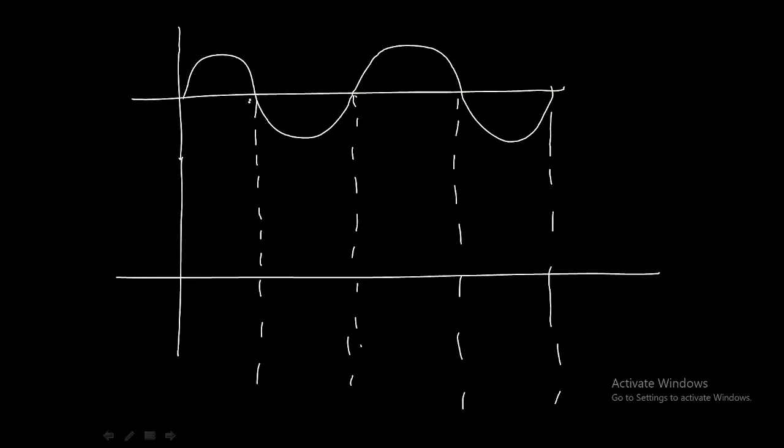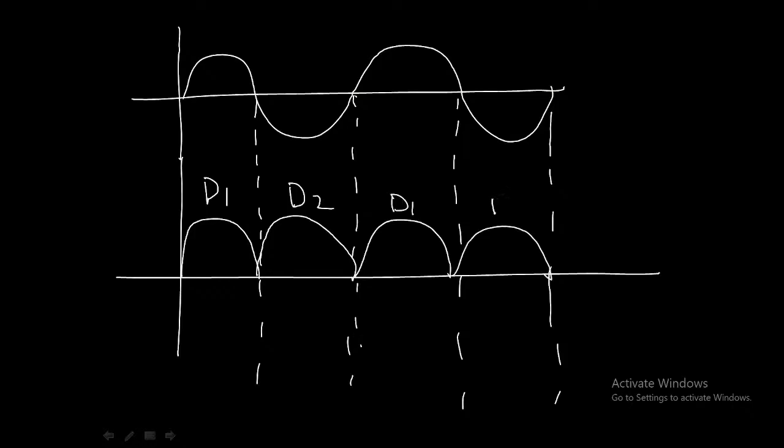For this positive half cycle, diode D1 conducts, and a voltage drop will be observed at the load resistance RL. Here D1 is conducting, and at the negative half cycles, D2 will conduct. Similarly, again D1 will conduct, followed by D2. So like this, the voltage drop will be observed at the load resistance.